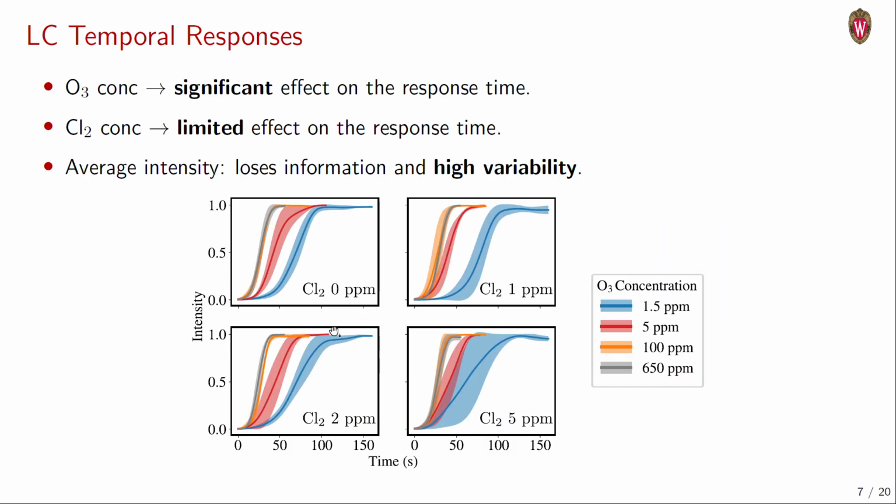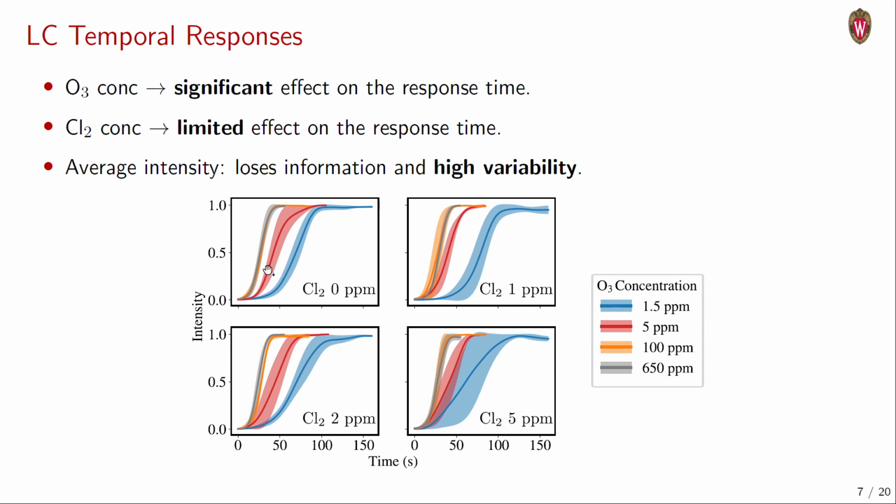This graph shows the time responses of light intensity in the liquid crystal. The solid line is the average response over many samples, and the shaded area is the standard error. People have demonstrated that the time scale of this response, which is measured by the time required for the image to reach a certain normalized intensity threshold, is directly correlated to the concentration of ozone.